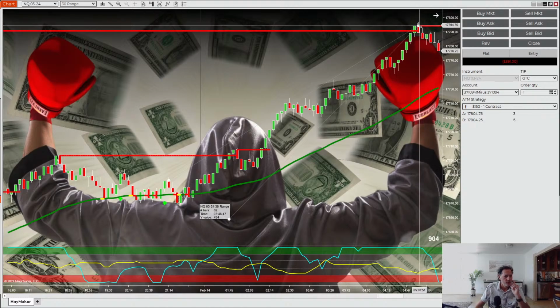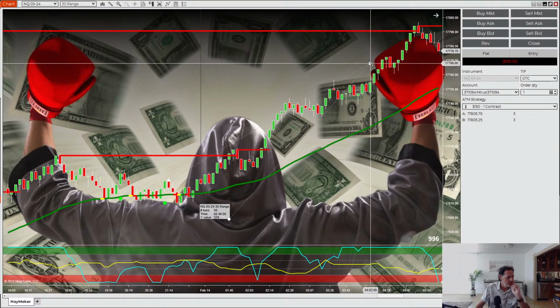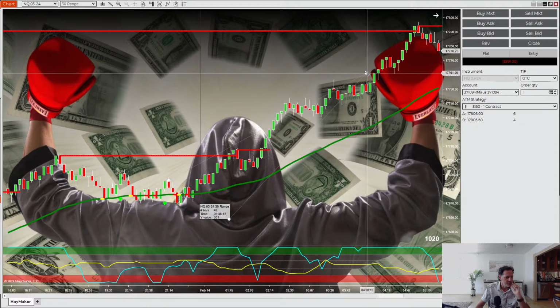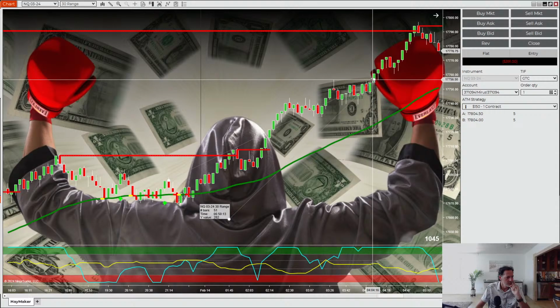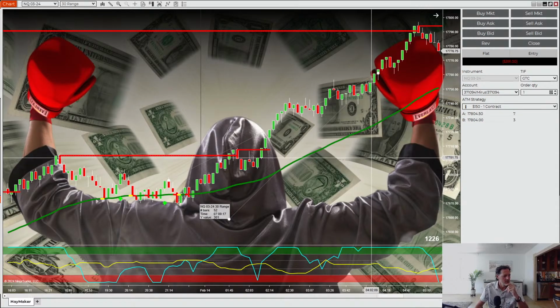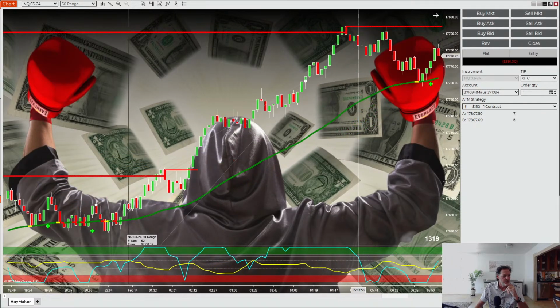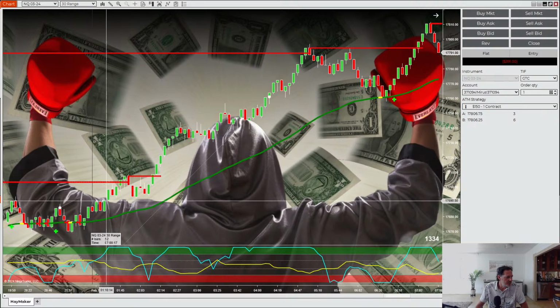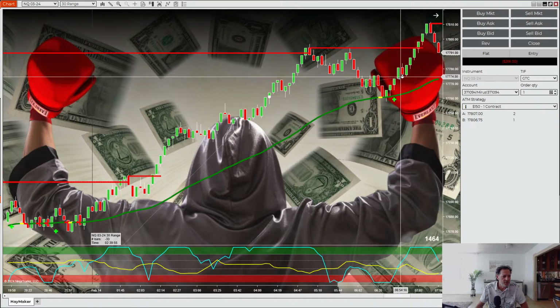So if I had put a 4-to-1 risk reward ratio, I would have done 75 ticks to 300 ticks of profit, and we would have made that trade right here. That's what we do to set these up, is get the crosses to show up where we want them to.